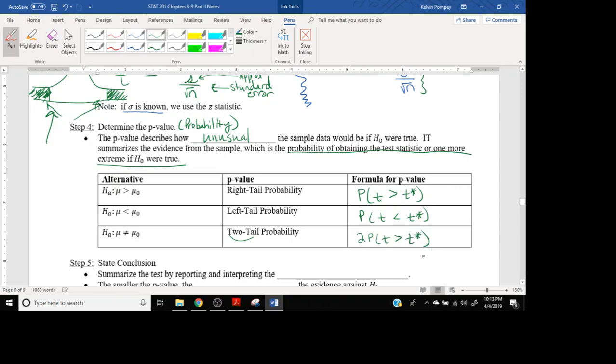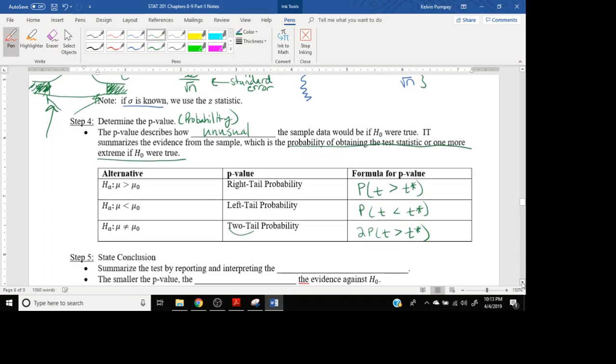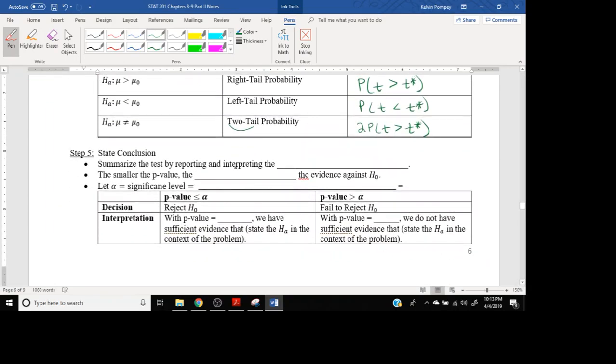Okay? And so once we get that, we actually state our conclusion, right? And so we summarize the test by reporting and interpreting the p-value. The smaller the p-value, the smaller the probability, the stronger the evidence against the null hypothesis is. And to see how small we need to be, we think about our error probability, which is also our significance level, alpha.